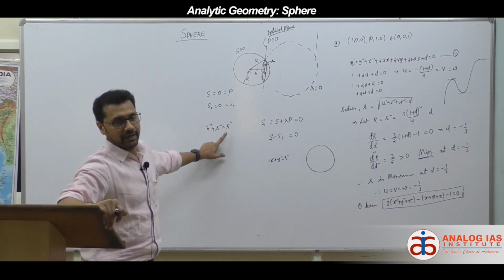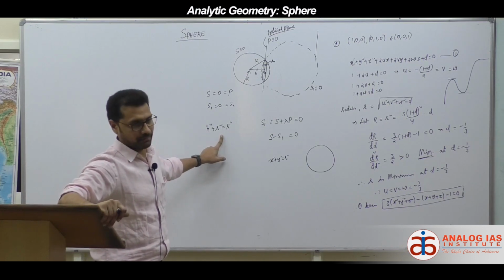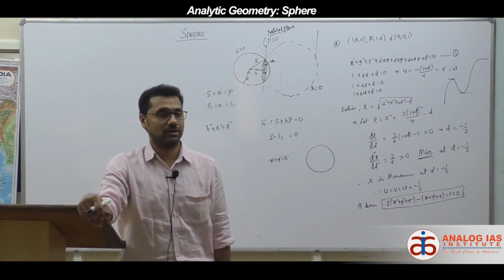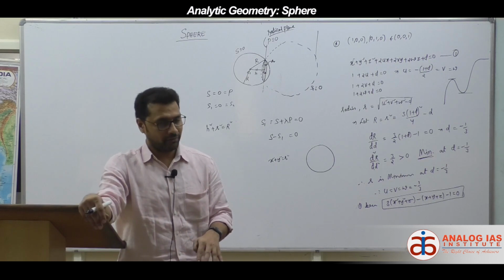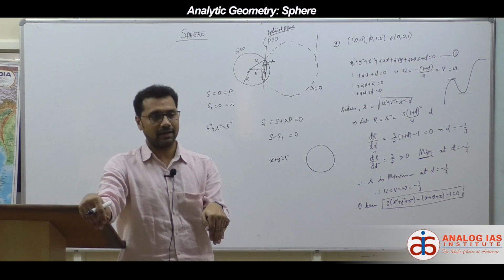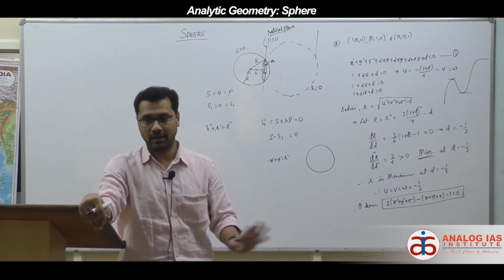Capital R I can find, h I can find, therefore I can find the radius of the circle of intersection. Then what would be the center of the circle of intersection? It is nothing but the foot of the perpendicular of the center of the sphere projected on the radical plane. Are you getting that?